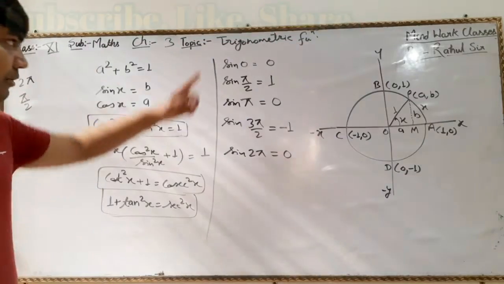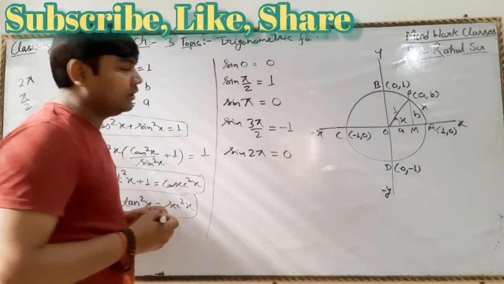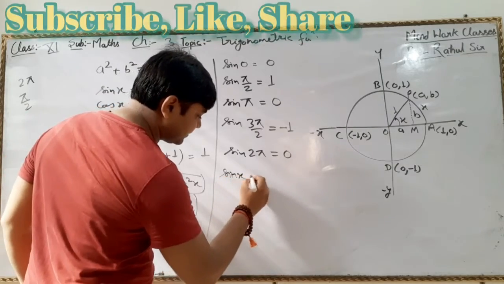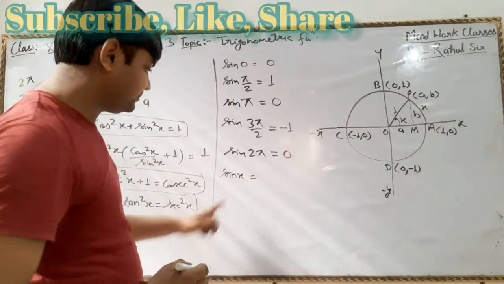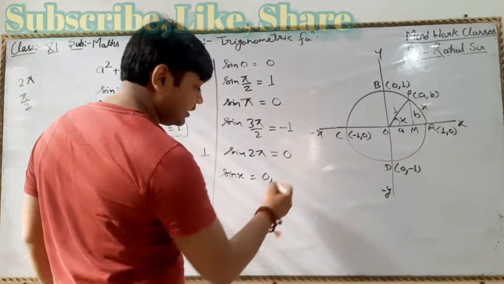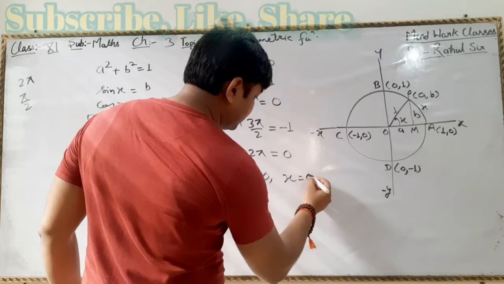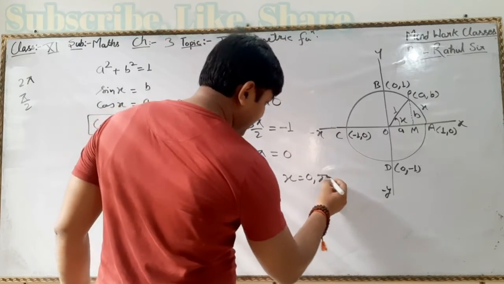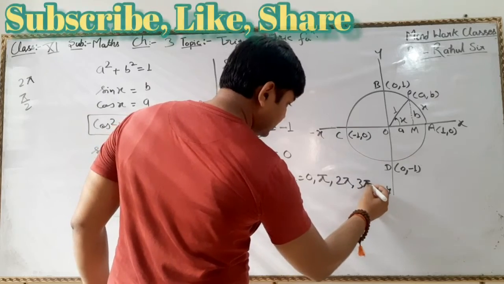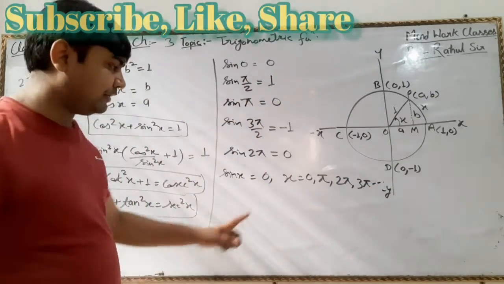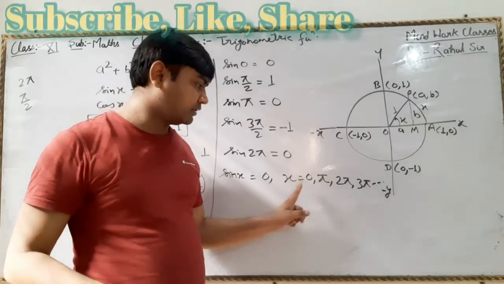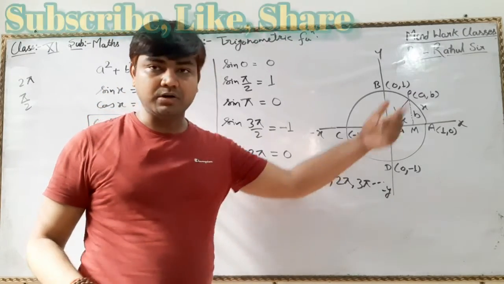So from here we see that the value sin x is equal to 0 when x is equal to 0, pi, 2 pi, 3 pi, dot dot dot.